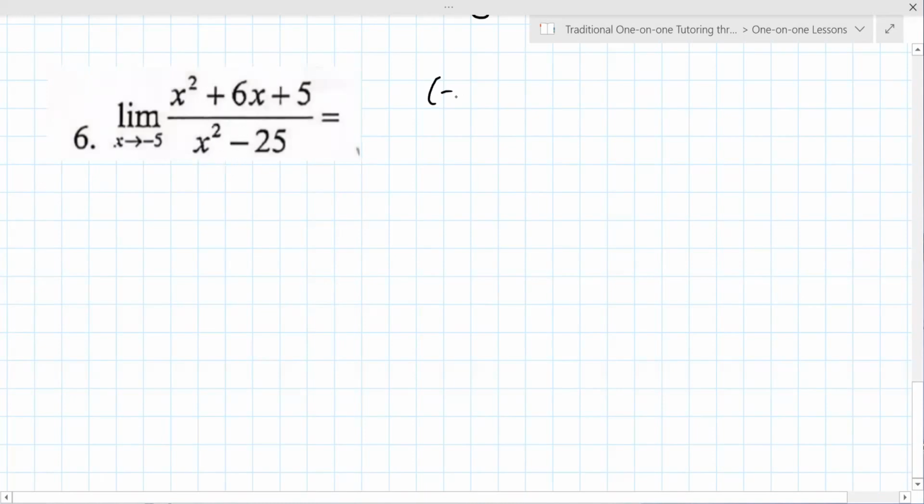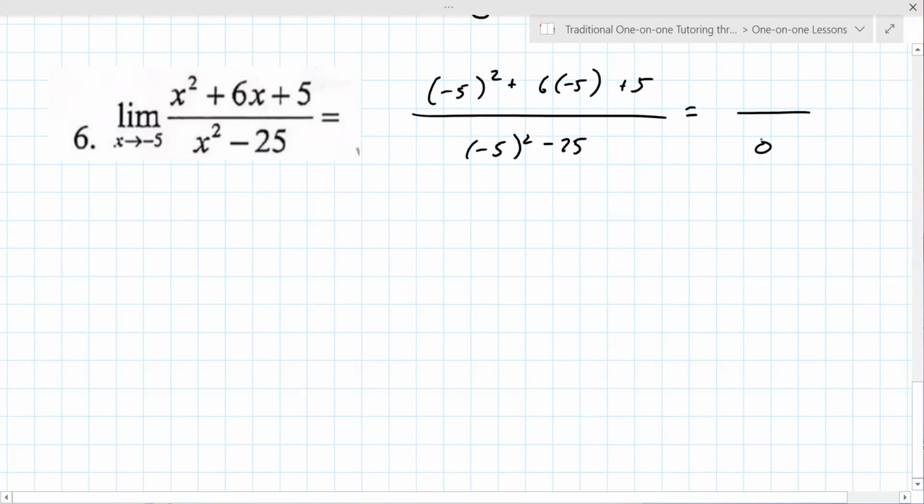So if you put -5 in the top and -5 in the bottom, you get 0 over 0, which is bad because you can't divide by 0.